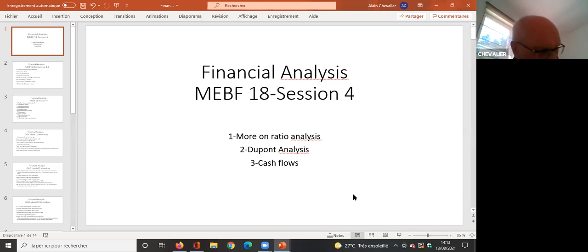And I will try to explain what the DuPont analysis brings, because this method is using ratios, but it is also a bridge between the classical financial analysis and the design and explanations of financial policy in a firm. Third, we will move to cash flows, but here it will be just an introduction to cash flow. Cash flow analysis will be mainly part of the presentation in session 5 tomorrow.